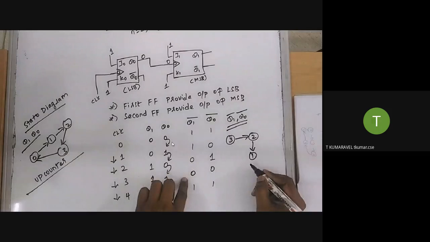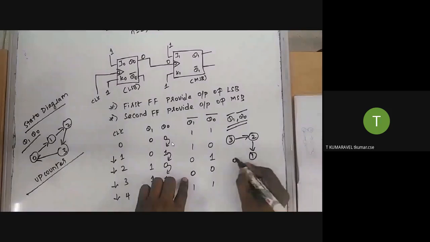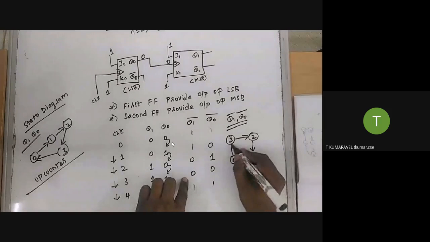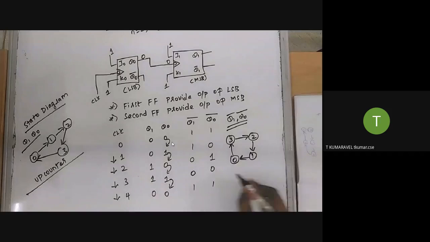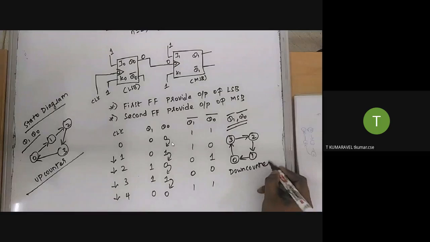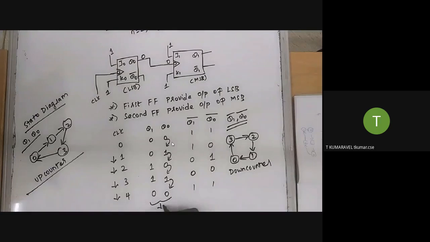What about 0, 0? 0, 0 is 0. Again it will return to the same state. So it will decrement the value. That's why it's called a down counter. So it provides functionality as an up counter, and then it provides functionality as a down counter.